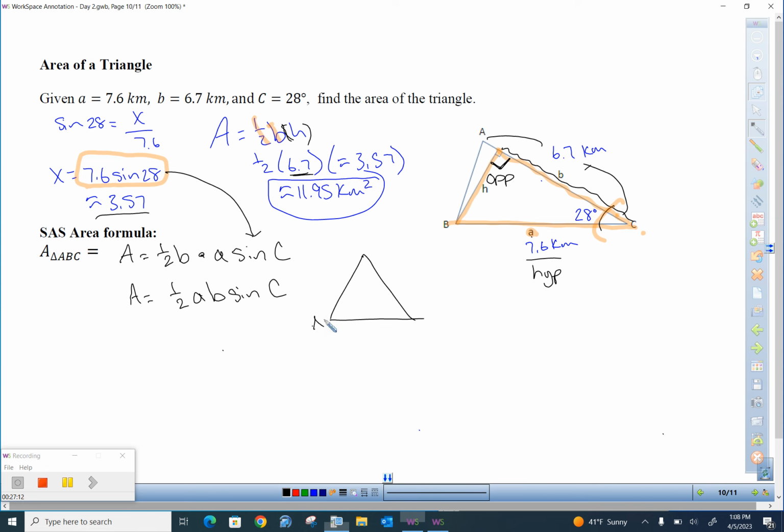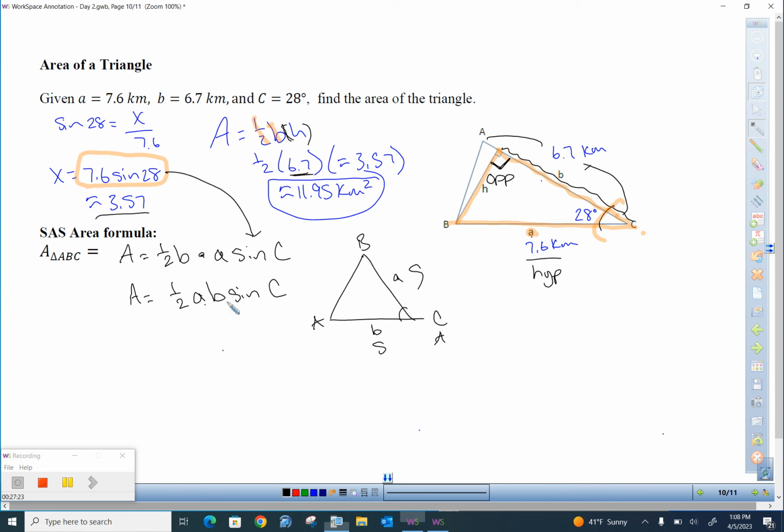If I have angles A, B, and C, and I know the angle C, and I know A, and I know B, then this is a side angle side situation where I have two sides and the angle in between them. If I have two sides and the angle in between them, I could draw in the height across from that angle somewhere, inside or outside the triangle, and use that version, or I can use this formula.